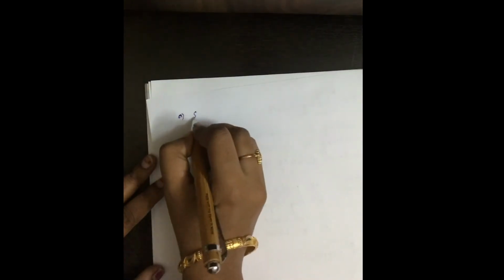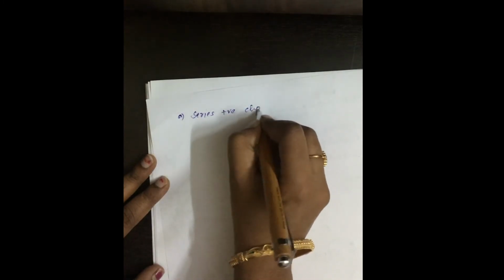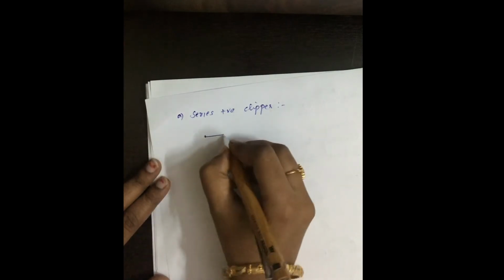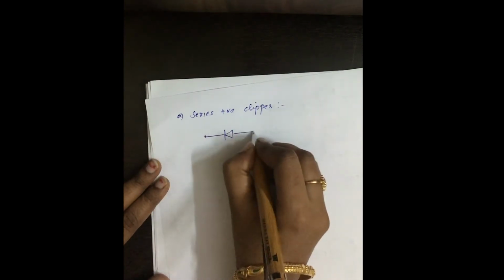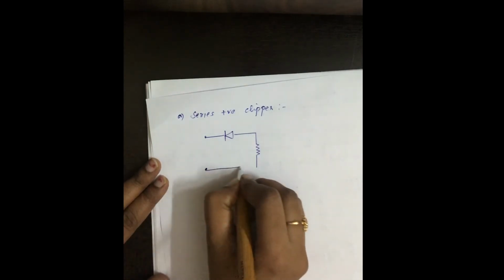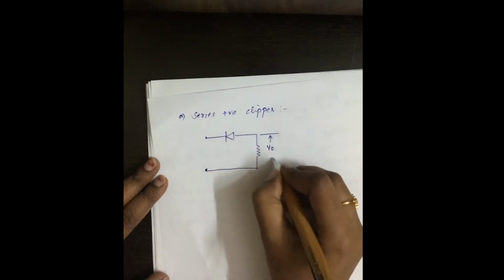First is the series positive clipper. This is the circuit for the series positive clipper: a diode and then a load resistor. This is a very simple concept. This is the output.